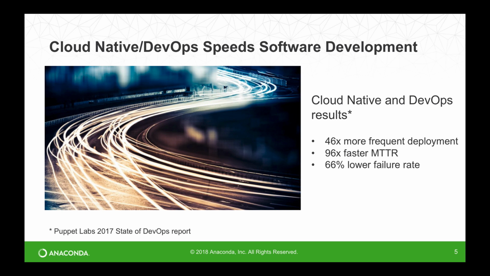So when companies respond to the Puppet survey, they self-categorize. Are you a leader in the application of DevOps, or where do you consider yourself in terms of maturity? And so the difference between leaders and laggards in terms of responses is that the leaders are much faster and are able to do much more frequent deployment of their applications. So they're able to go around that loop much faster.